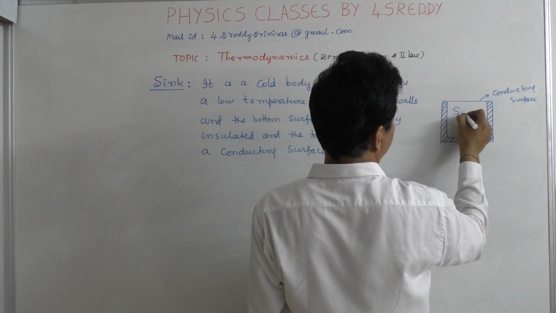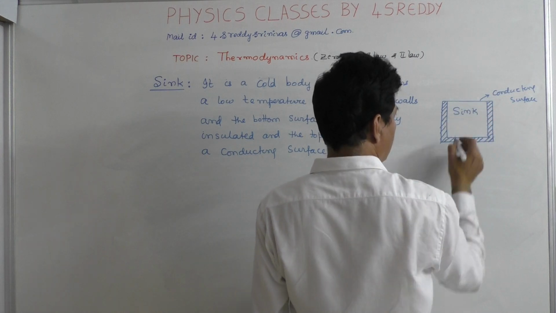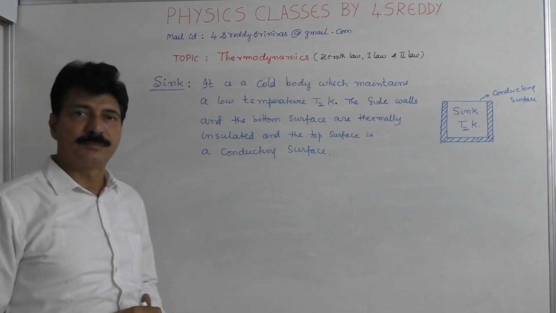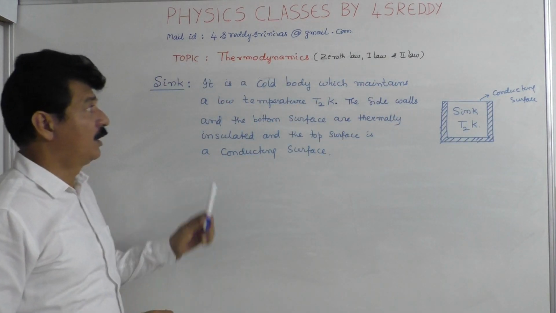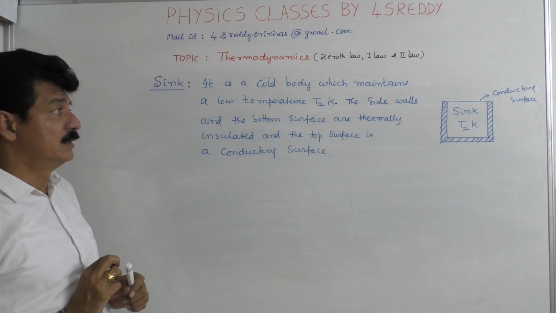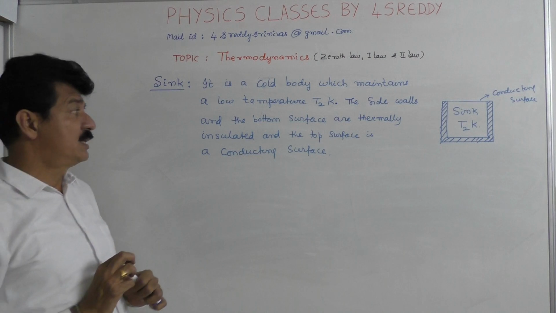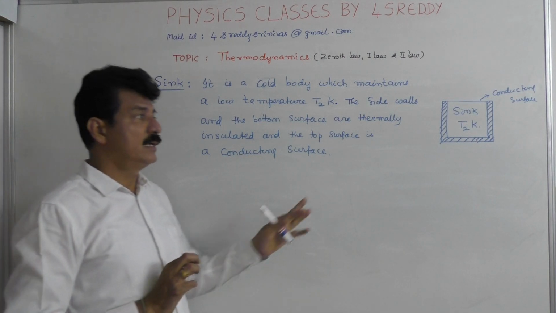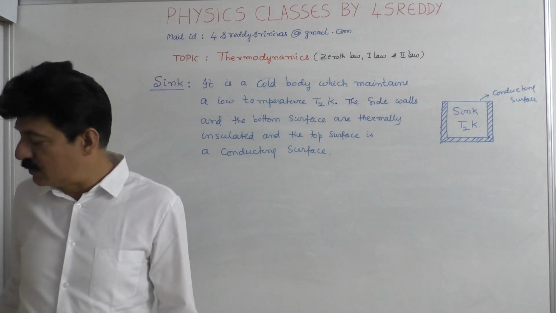This is the sink having T2. It is a cold body which maintains a low temperature T2 Kelvin. The side walls and the bottom surface are thermally insulated and the top surface is a conducting surface. It will be like this.